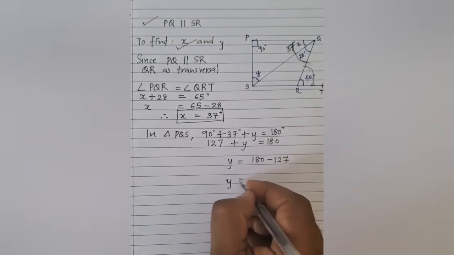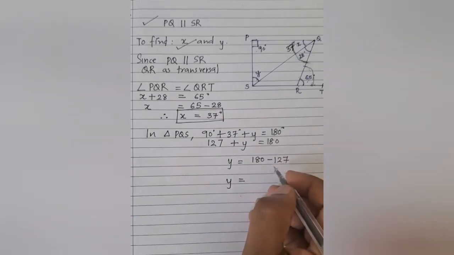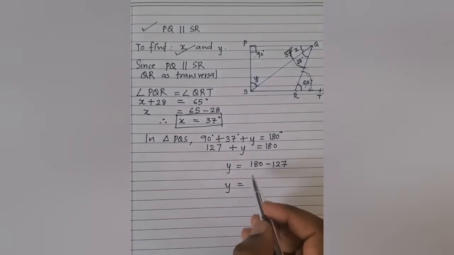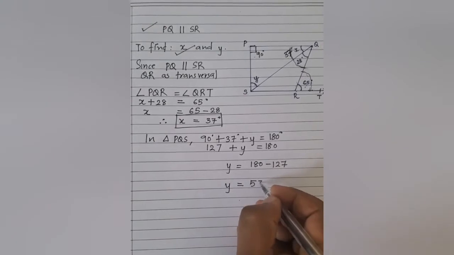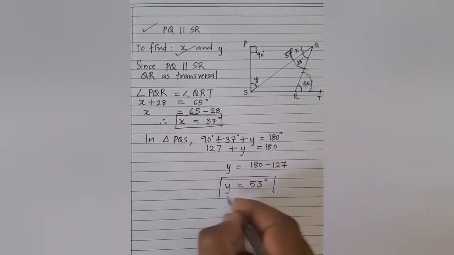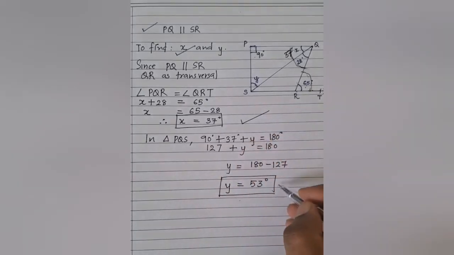Hence y is equal to 180 minus 127, and you will get the answer as 53 degrees. So we have got x equal to 37 and y equal to 53. With this, we come to the end of question number 5. Now let's quickly get into question number 6, which is the last question of exercise 6.3 as well as of chapter 6.